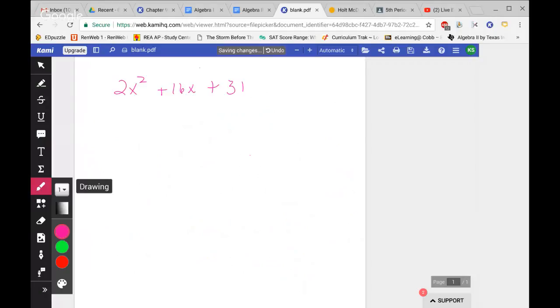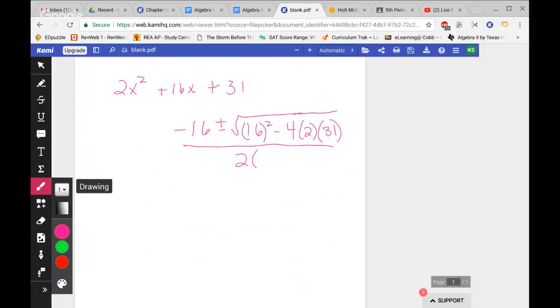Okay, can you see it okay? Yes. Okay, cool. All right, the opposite of b, which is the opposite of 16, plus or minus the square root of 16 squared minus 4 times a, which is 2 in this case, times 31, all over 2 times 2.